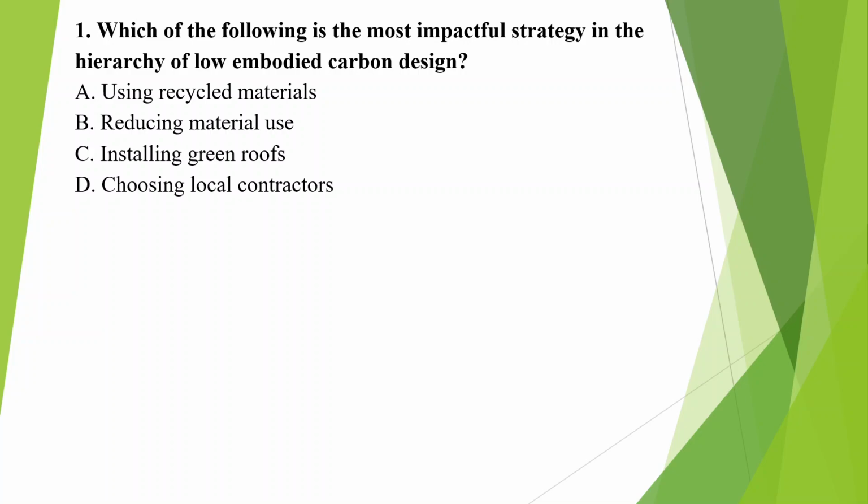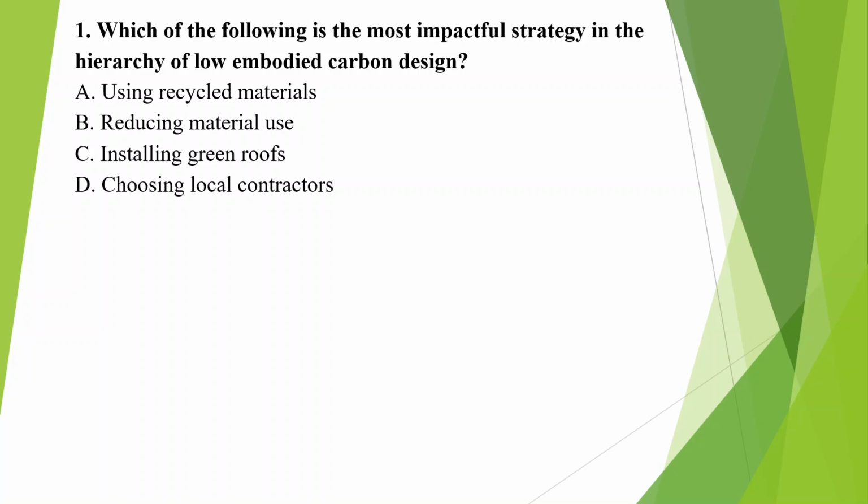Option A won't be first, because the hierarchy of strategies places reducing material use at the top. That was discussed in lecture 2, and most of you were able to recall that and marked answer B.